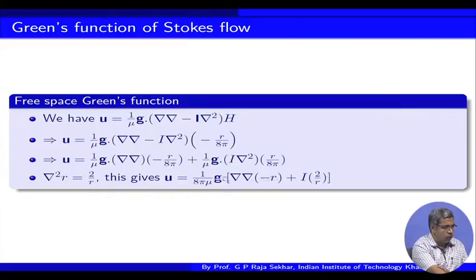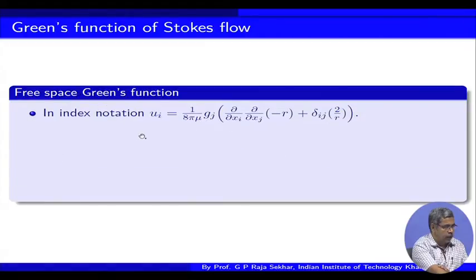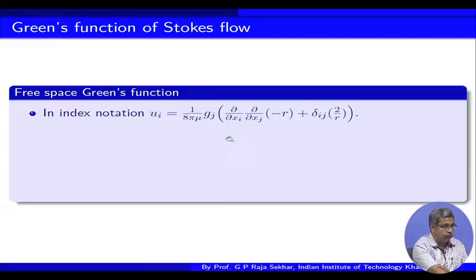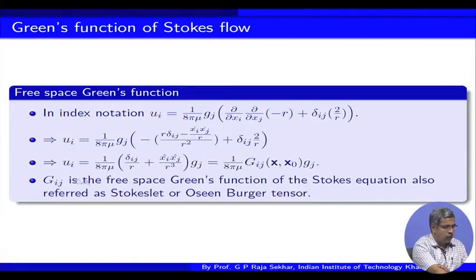Therefore, the whole thing can be simplified very much, and in index notation we can write u_i is this, the same expression, the same u in index notation. Then we simplify this, we operate the derivative on R, and then the next derivative we operate on R. We try to simplify, and what we get is finally the free space Green's function of the Stokes equation.